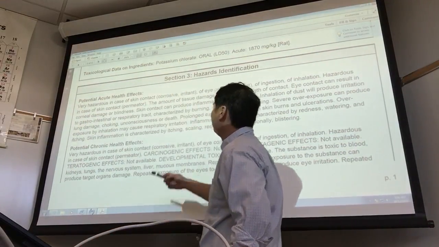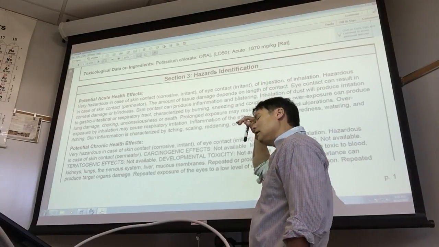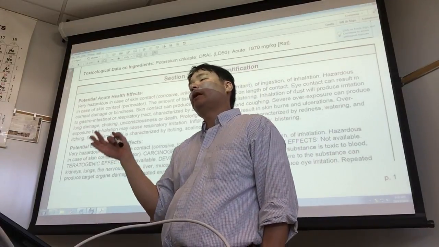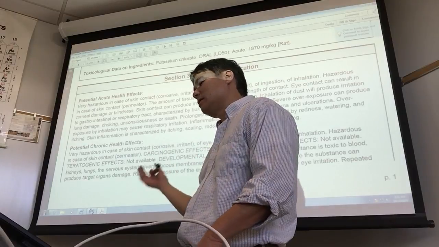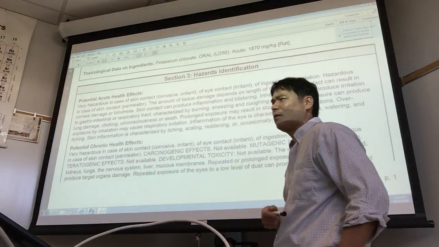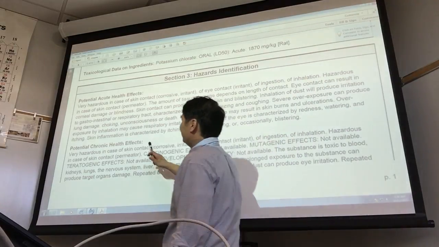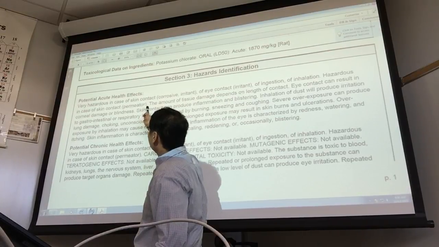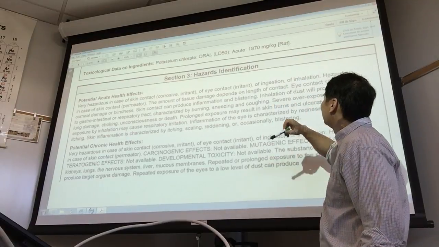Okay, acute health effects. This is something you want to read, but you have to have some kind of comparison. If you read the MSDS for sodium chloride and compare it to this, you'll see a lot of the same words. But sodium chloride, is it very hazardous? Well, it depends on the amounts. So anyway, this is very hazardous in case of skin contact, eye contact, ingestion.